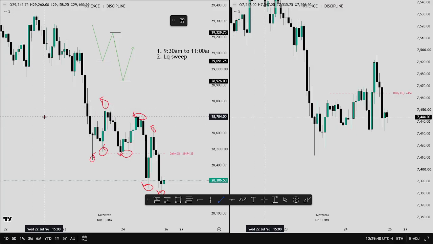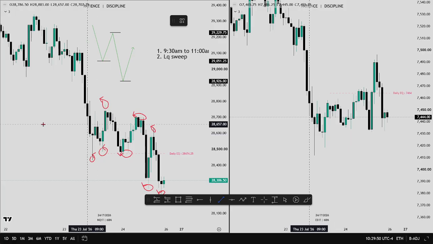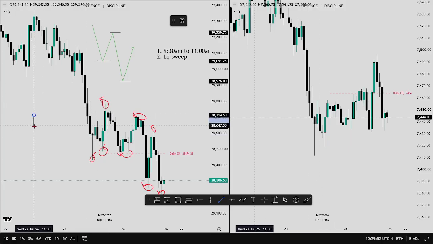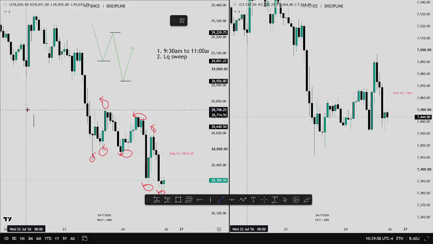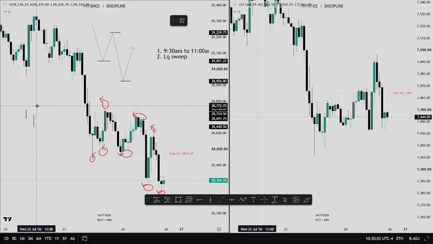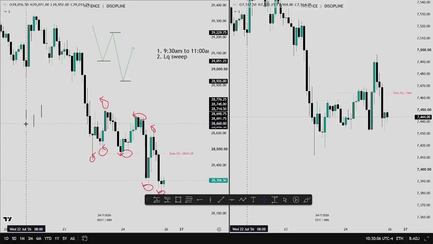For sell stops, we see that the middle candle's wick is the longest between the candle that precedes it and the candle that comes after it. So the candle before and the candle after, the middle candle will have the longest wick.